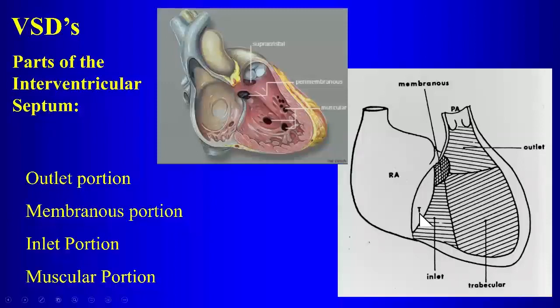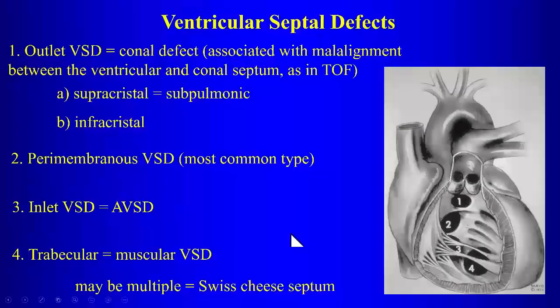Remember, the endocardial cushions contribute to the formation of the septal portions of those inlet valves also. And then you have the muscular portion of the interventricular septum. The outlet ventricular septal defects, also called conal defects, are associated with tetralogy of Fallot. Those are very high within the ventricle.